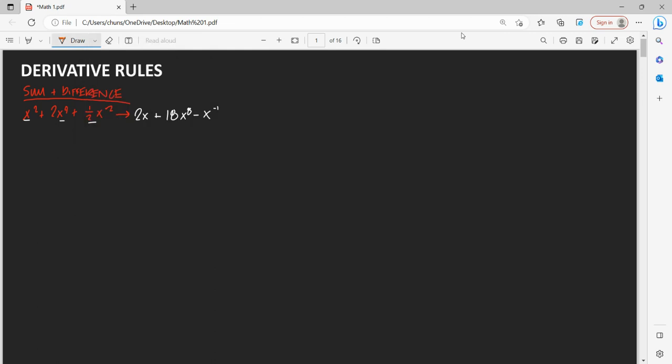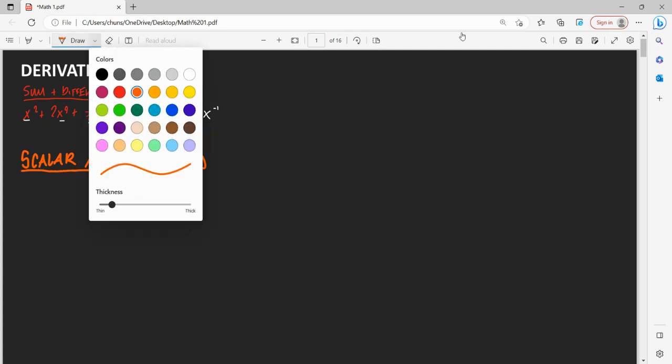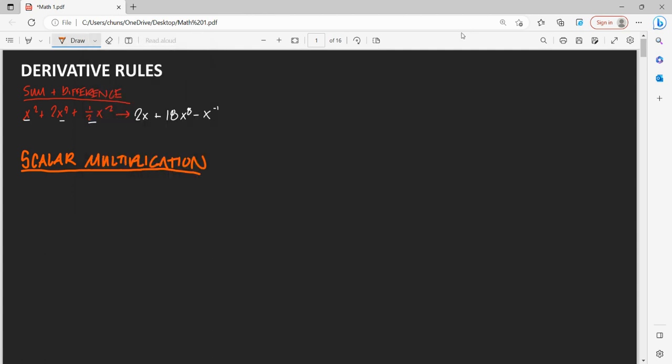Next we have our scalar multiplication. So our product rule is also another word that we use for this.